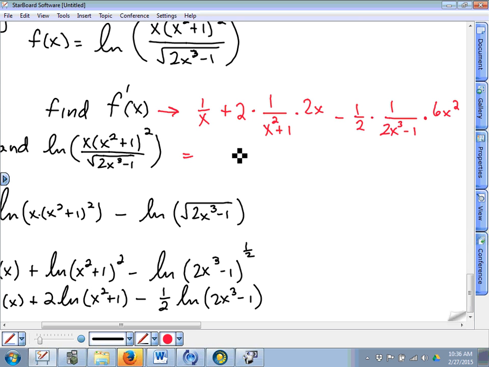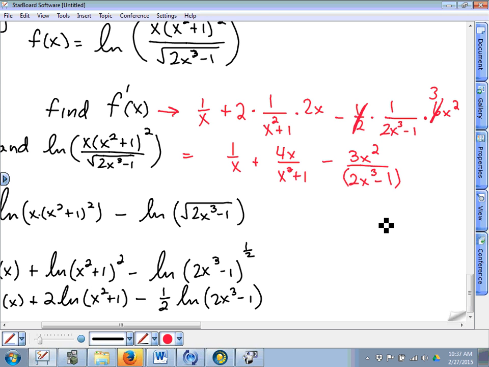So we have 1 over x plus 4x over x squared plus 1 minus, what are we subtracting? 6x squared over 4x. I just canceled the 1/2 with that 6 and made a 3 out of it. You guys alright with it?